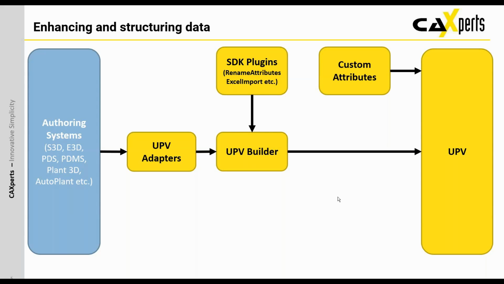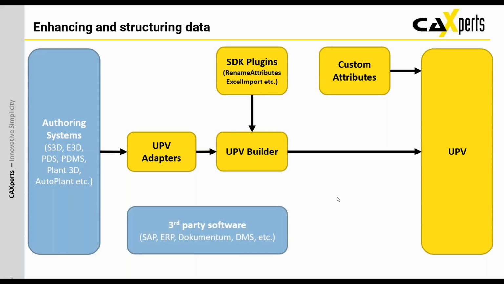And the third solution would be you have some information from third-party software like SAP or ERP systems, document management systems like Documentum, etc. And those can be integrated via the API, and the information flow in this case can actually go in both directions.